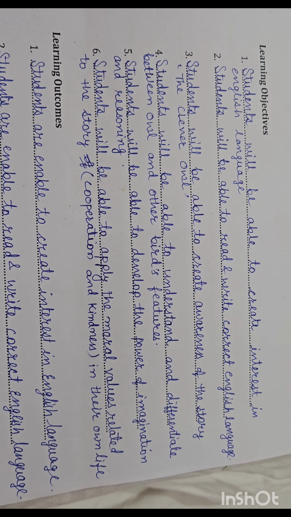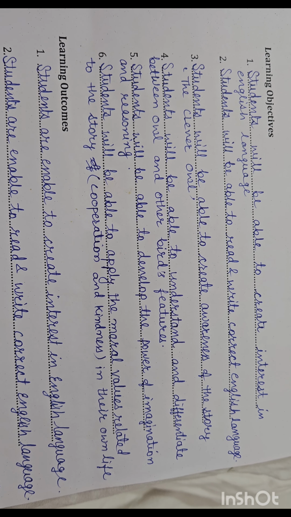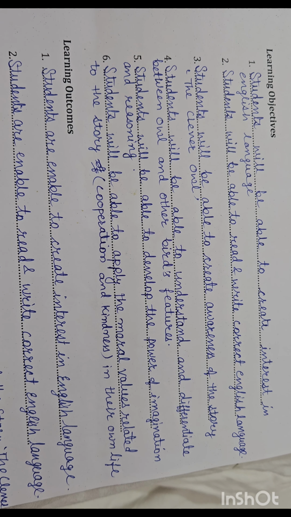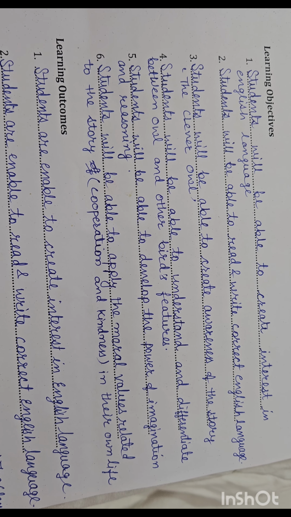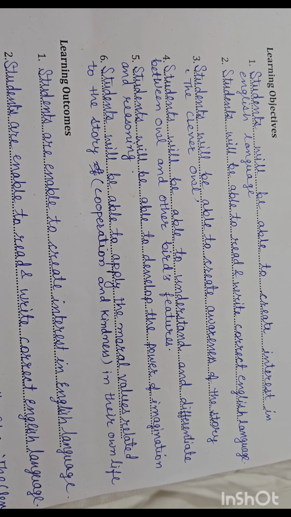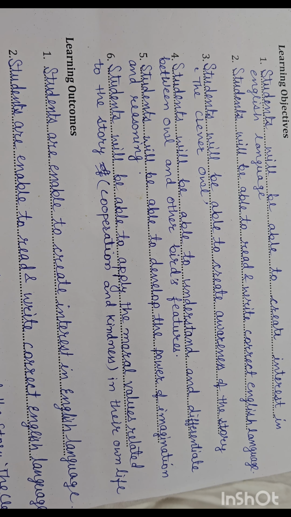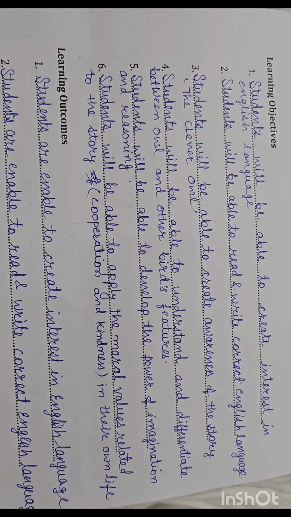Here you can observe I have mentioned first and two objectives which is totally related to the English language. Then after moving the third to the sixth numbers, I have mentioned the topic which I exactly am going to teach. And here I have framed the question based on the Bloom taxonomy, memory level to the creating analysis.